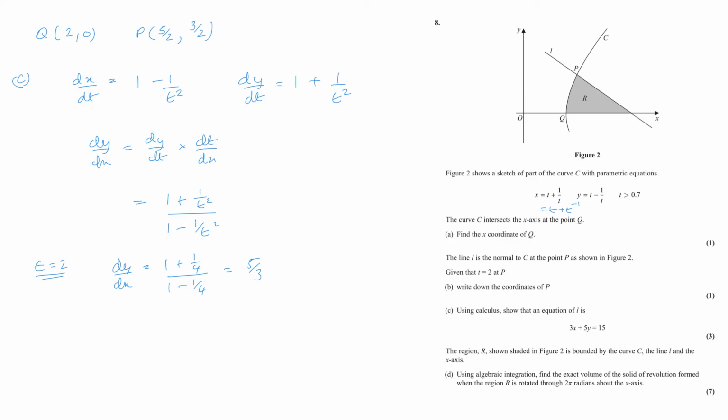Now that's the gradient of the tangent. So for the normal, m is minus 3 over 5. Okay, so we've got point P, we've got the normal gradient, so now we can find the equation.